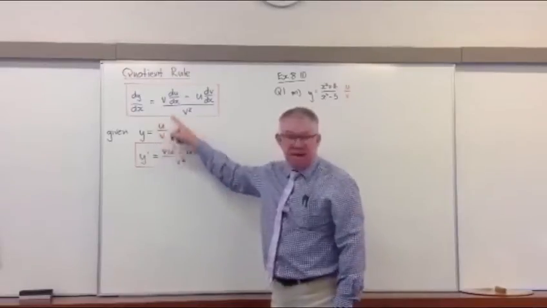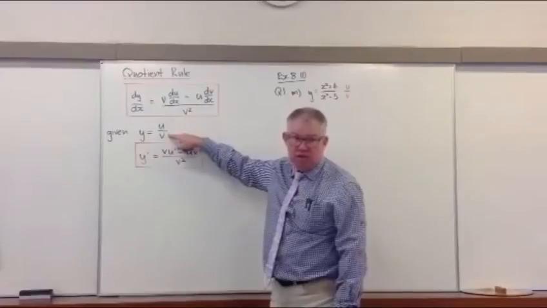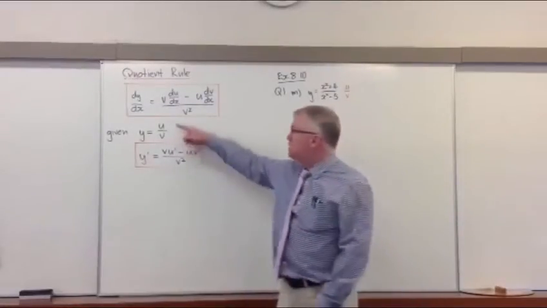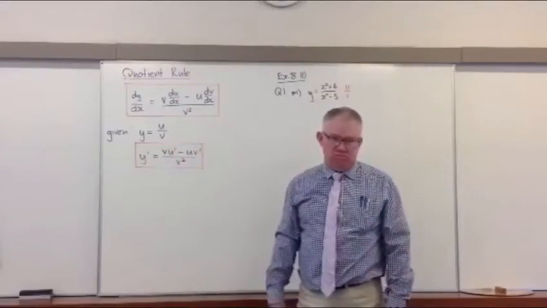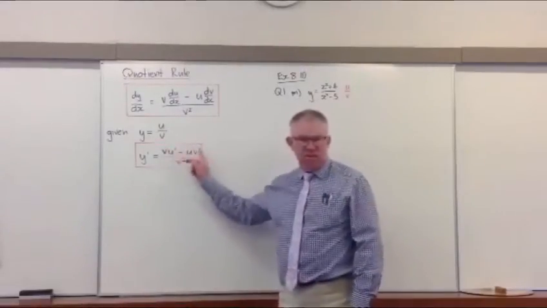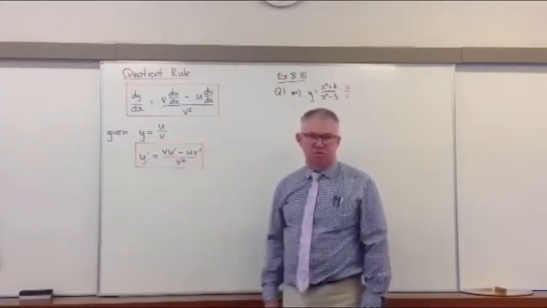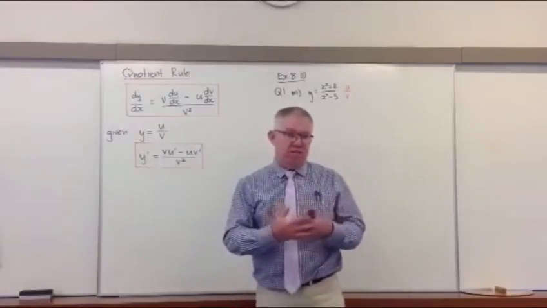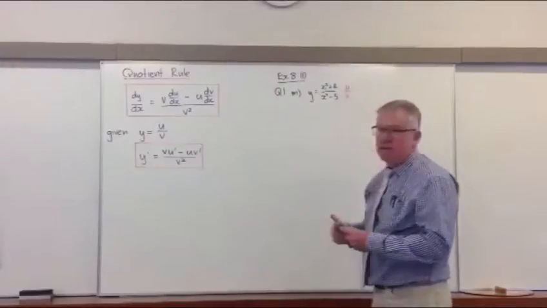If it looks like that, then we just label the top bit u and the bottom bit v. Can you label the bottom bit u and the top bit v? You could, yes. The convention is normally to do it this way. If you do it the other way around, your formula has to change around too, and it wouldn't be v squared on the bottom, that would have to be u squared. So it's best to stick with the format that we're doing. We'll call that u and v.